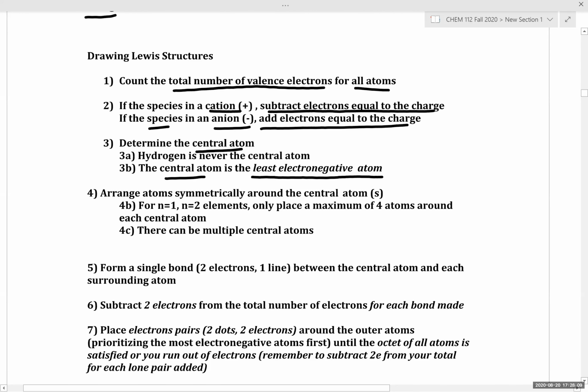Next, you're going to arrange atoms symmetrically around the central atom or atoms. For n equals 1 and n equals 2 elements, you can only have a maximum of 4 atoms around the central atom. One thing to note, there can be multiple central atoms, especially when we start to look at organic structures, which have multiple carbon atoms, each fulfilling their octet.